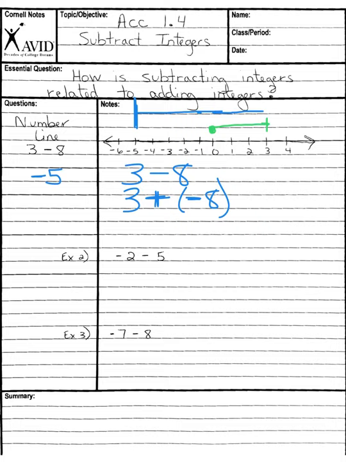So we're going to keep the first number the same. I changed from subtraction to addition, and then I did the opposite of that positive 8 and got a negative 8, and those values are the exact same.